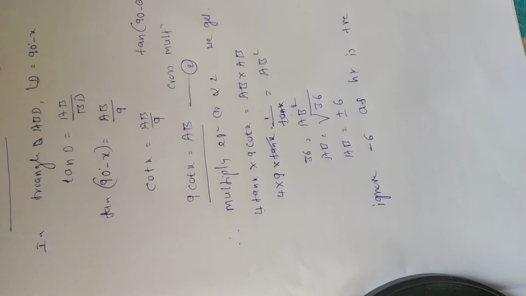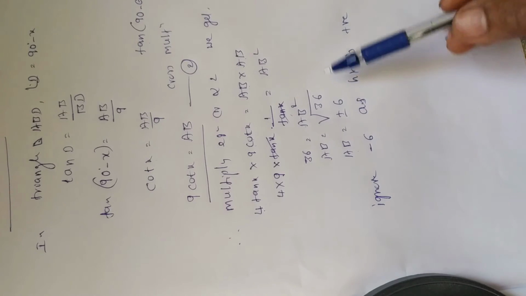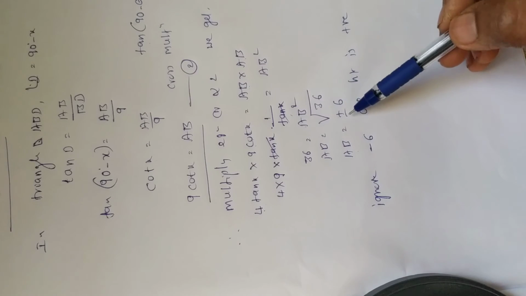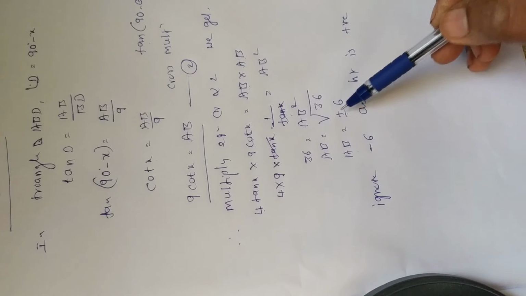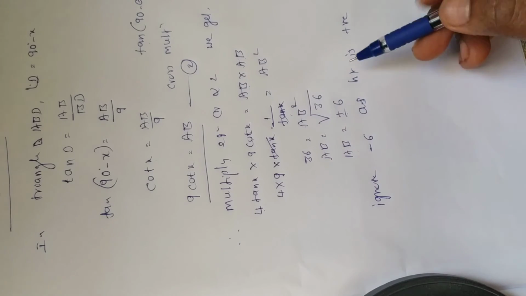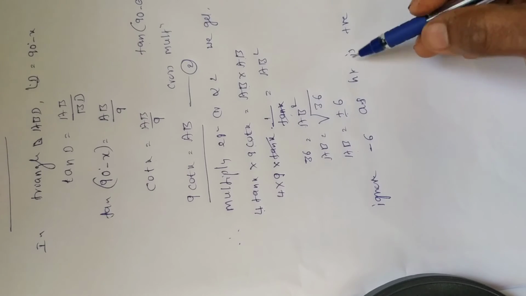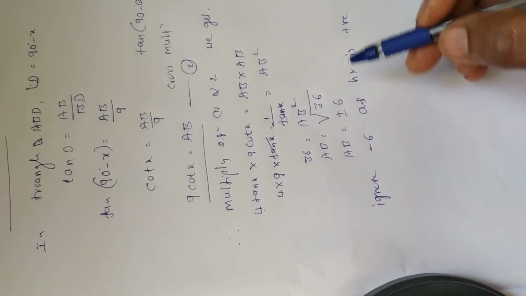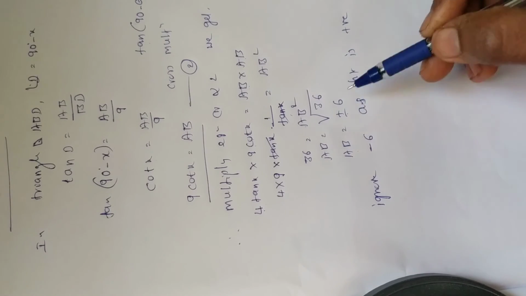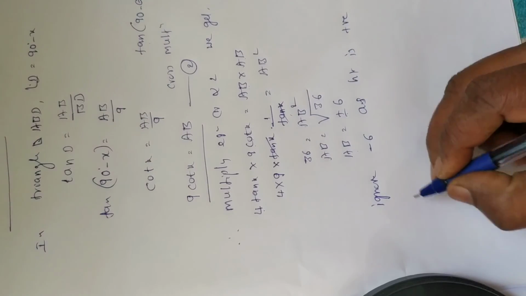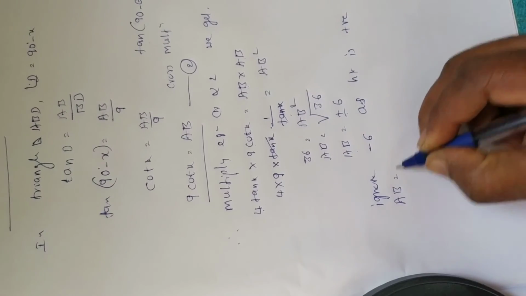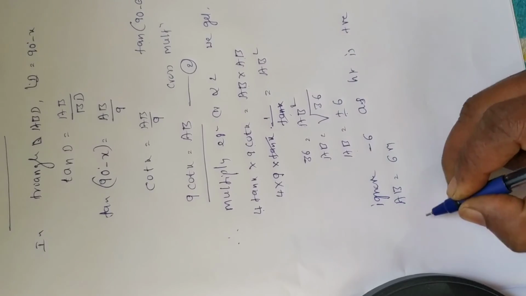It is not possible. You can't say that the height of the tower is minus 6 meter. This is a wrong statement. Any square root has two values, one positive and another negative. So here we should write the proper reason why we are ignoring the negative quantity. Therefore, take AB as 6 meter.